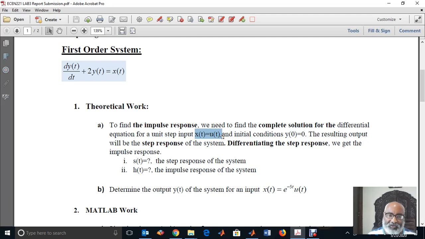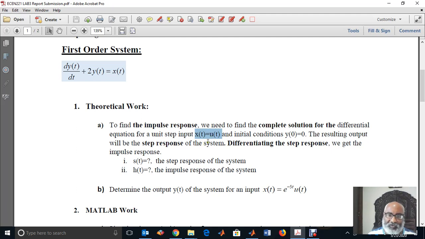Y of t will have a homogeneous solution and a particular solution, as you know, and the complete solution will be the homogeneous solution plus the particular solution. Considering the input and the initial condition 0, you will find the complete solution. That complete solution is the step response of the system. Why? Because our input x of t is equal to u of t, the unit step function.